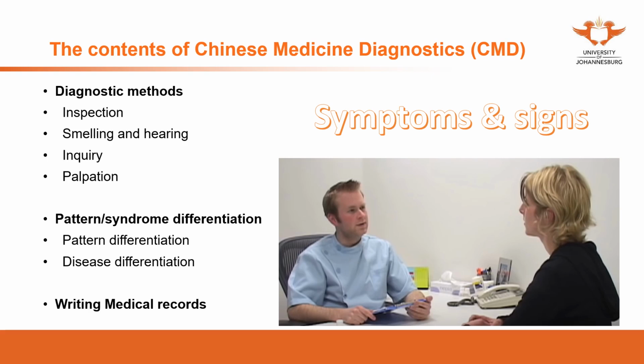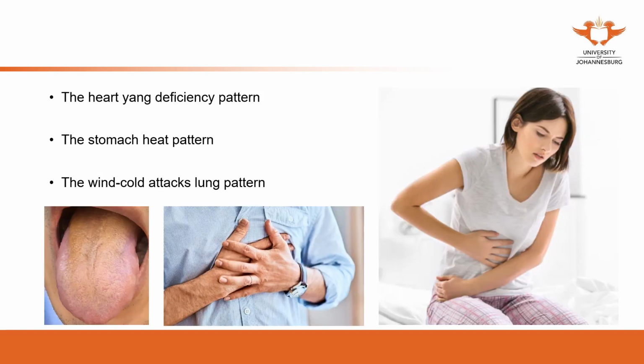We're going to go to the next slide, but you can just remember these, because once I go to the next slide, I won't be able to reverse the video. Here are some examples of the patterns: the heart yang deficiency pattern, the stomach heat pattern, the wind cold attacking the lung pattern. These are the patterns we're going to use quite a lot in future.